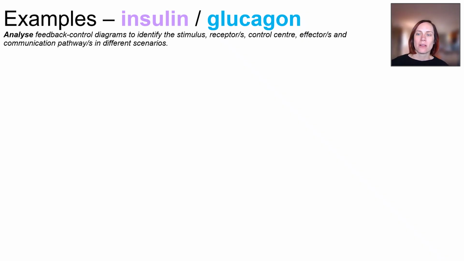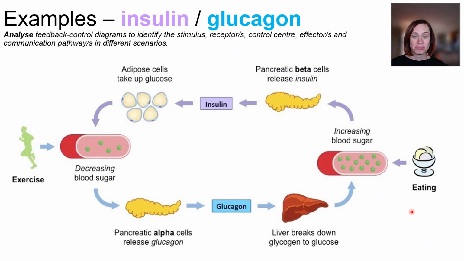We've got insulin and glucagon. You eat a meal, your blood sugar rises, so your body pays attention and says, we actually need to store that glucose. In your pancreas, it starts to release insulin, and that insulin encourages the uptake of glucose into your cells. It can be stored later as glycogen, which is a long-term storage sugar, and it decreases the blood sugar because it takes it into the cells.